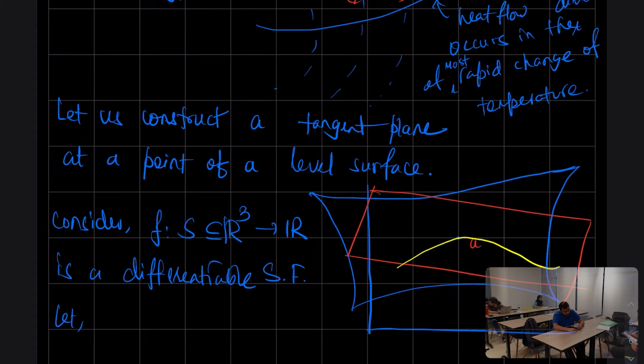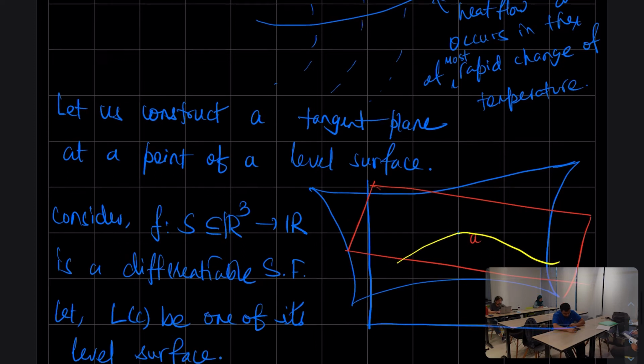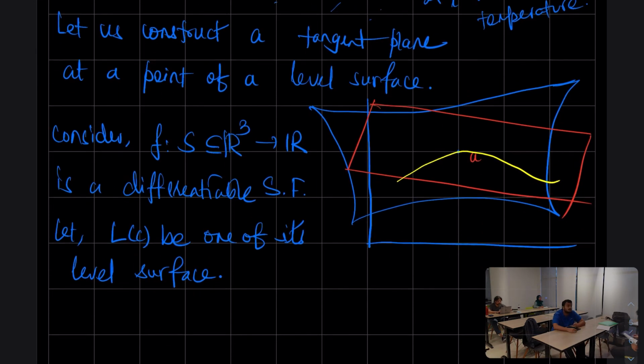Let LC be one of its level surfaces. In the figure, this is the LC. So in 3 dimensions, this is the LC.